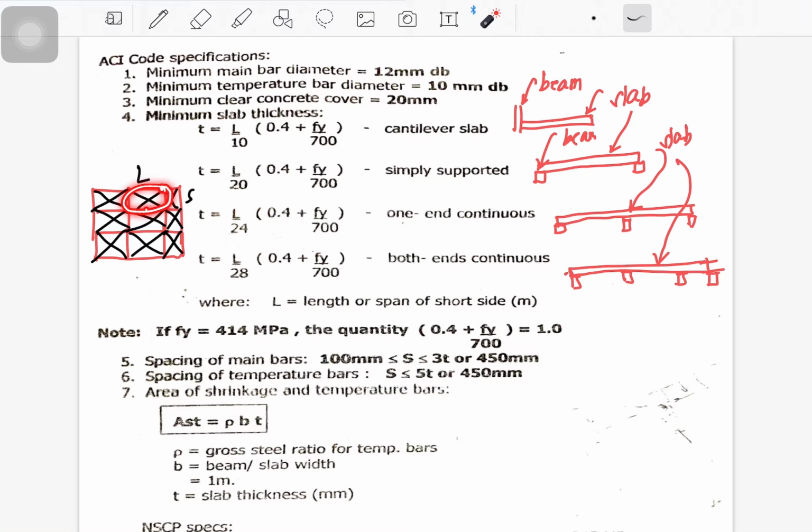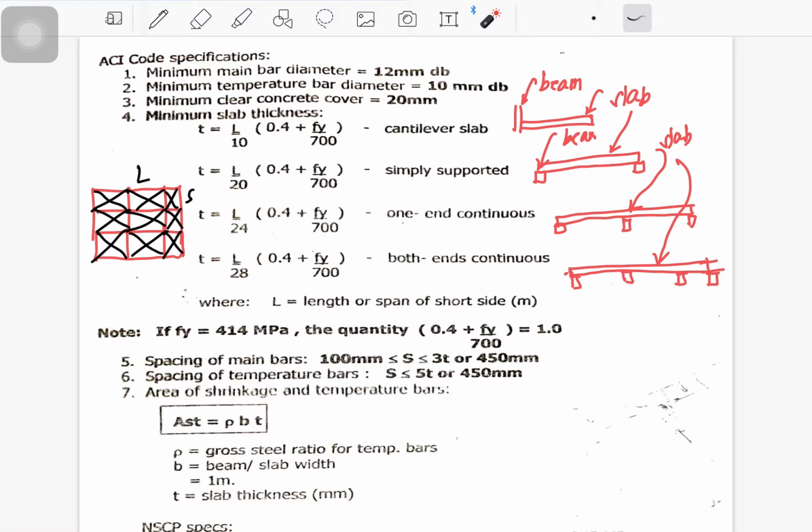This slab is continuous at both ends. And this slab is continuous at one end. So you consider the slab you are to design, where it is located in your framing plans.